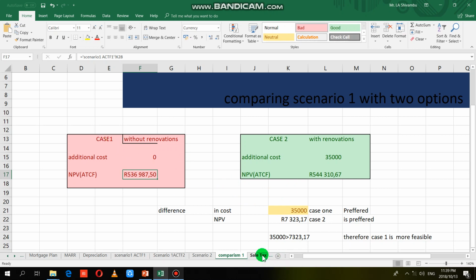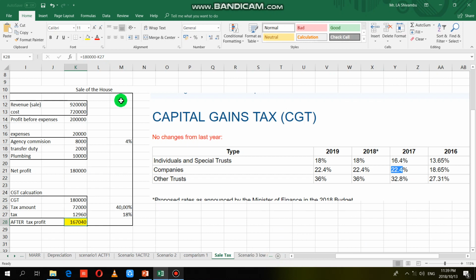To further continue, we included the case 3 scenario, whereby we are selling the property. We are going to sell the property for this much, while it cost us this much, having a profit of this much.